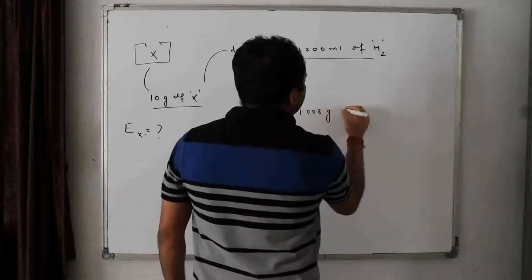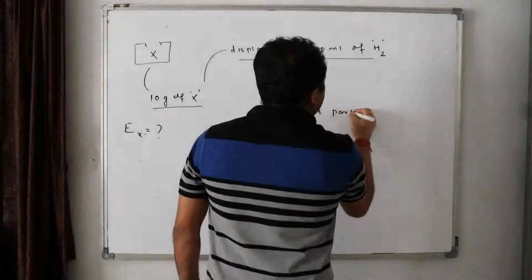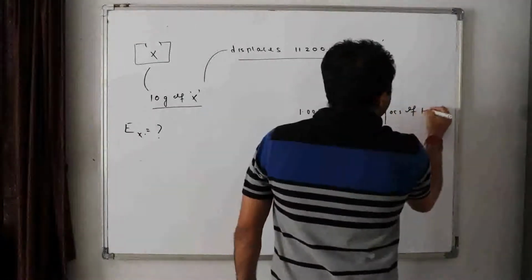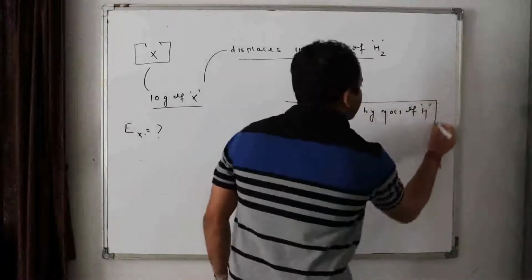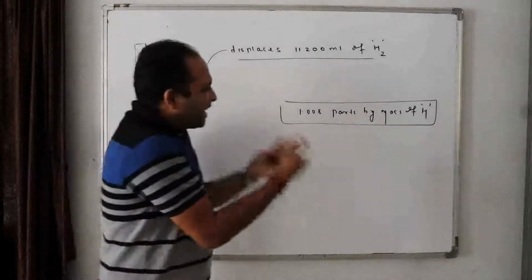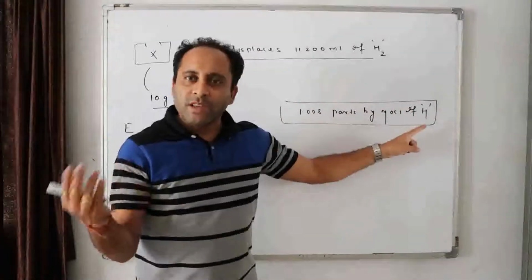1.008 parts by mass of hydrogen. If someone displaces this much, if for example any n gram displaces this much amount of hydrogen, then we say that n gram is the equivalent mass.